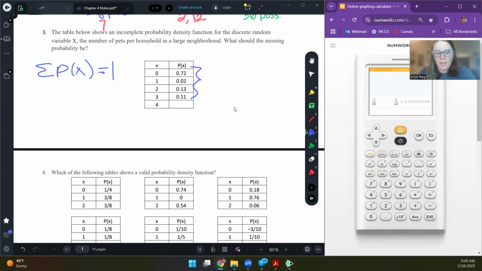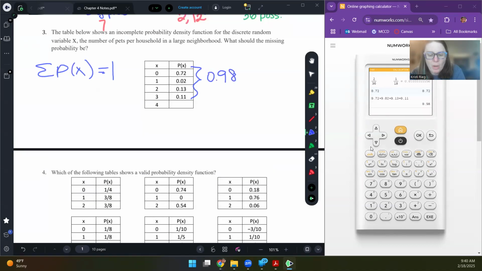I go over to my calculator and I type in 0.72. Oopsies, I forgot the plus sign. All right, 0.72 plus 0.02, 0.13 plus 0.11, and I get, oh, this is real tiny, 0.98.